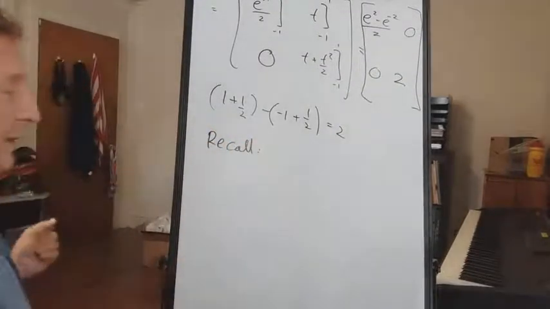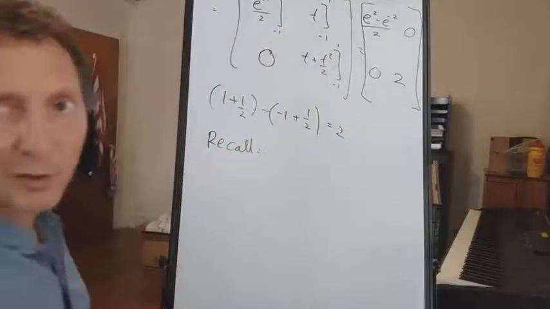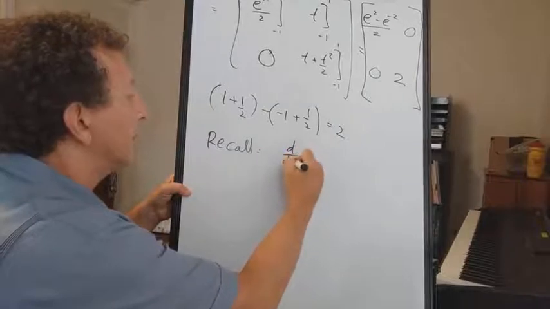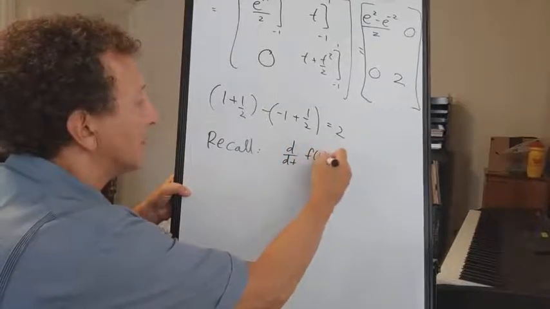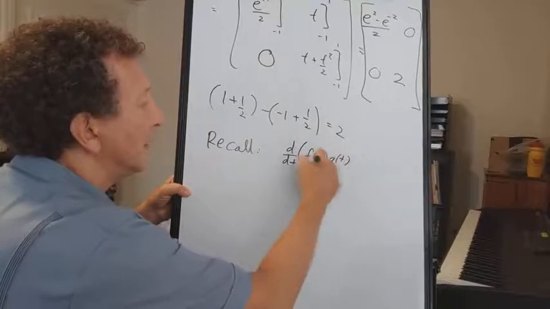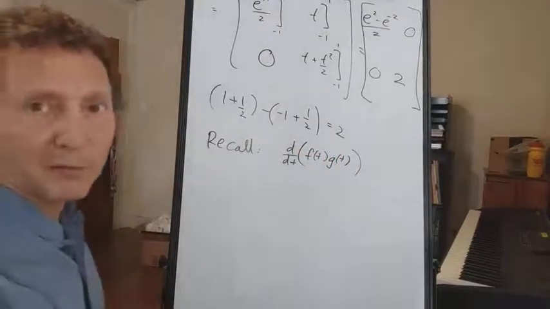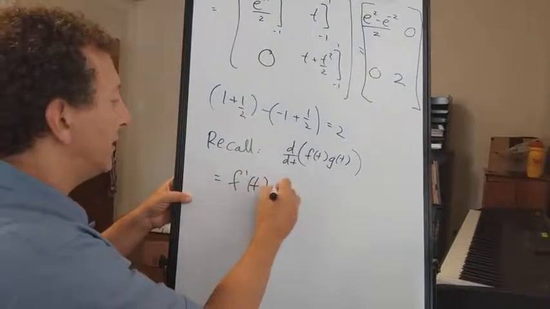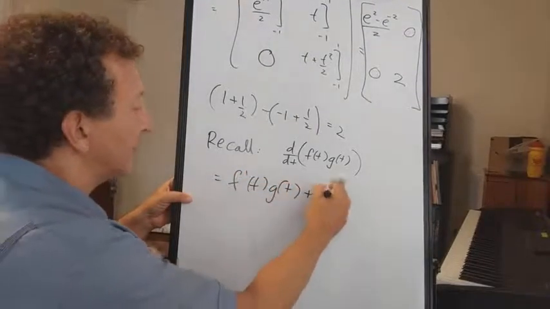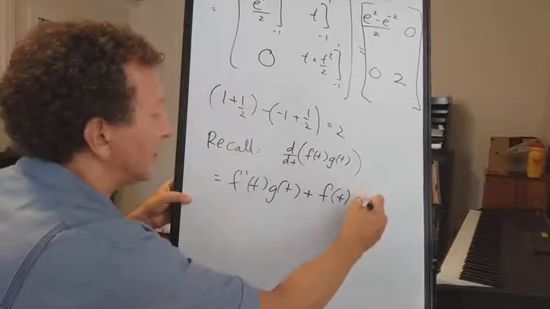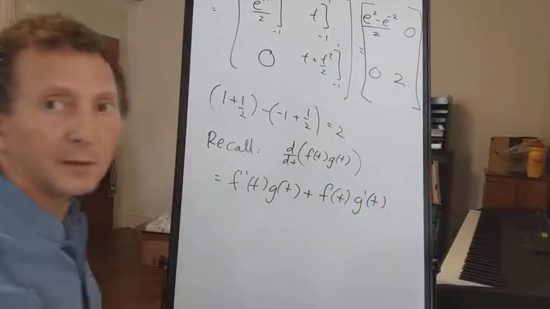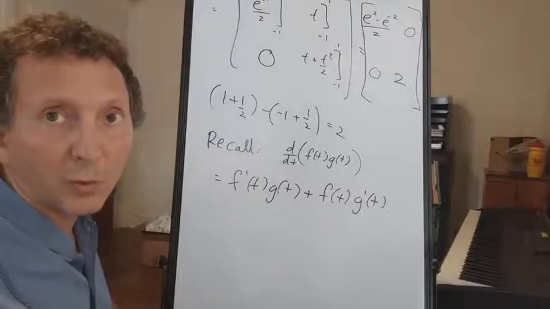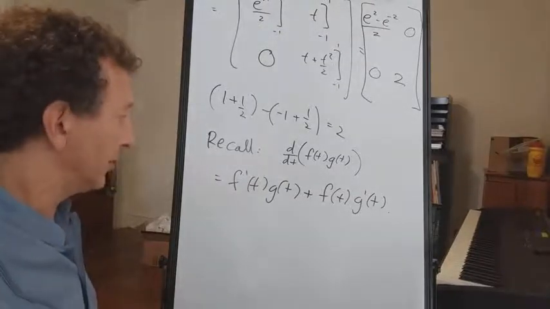Now recall from calculus that we have a product rule for derivatives. If we want to take the derivative of f of t, g of t, that's derivative of the first times the second plus the first times derivative of the second. And it turns out that the product rule works for matrices also.